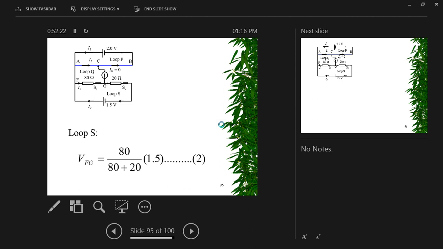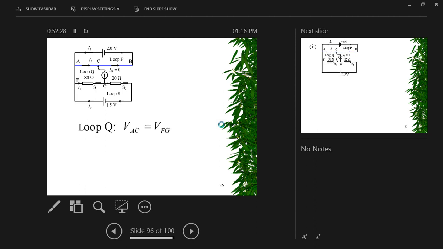So this is again applying the potential divider equation for the 2 resistors. Now, putting the 2 together, I will get the balance length. So the balance length is 60 cm. As easy as that. So for the first question, there's 60 cm as the balance length.